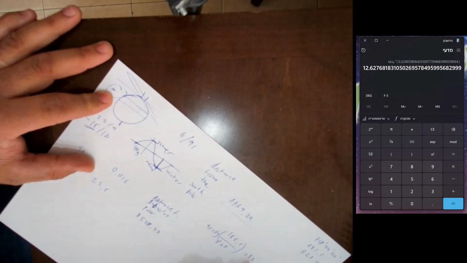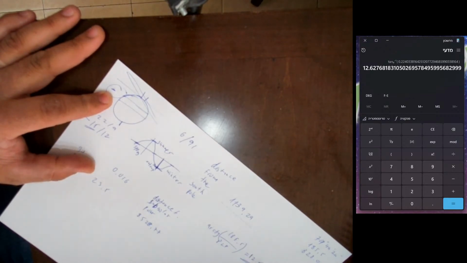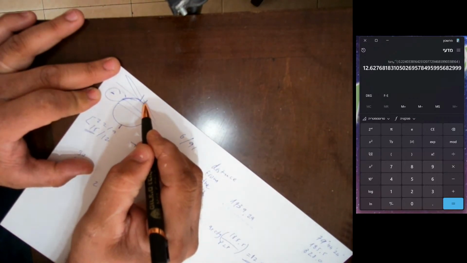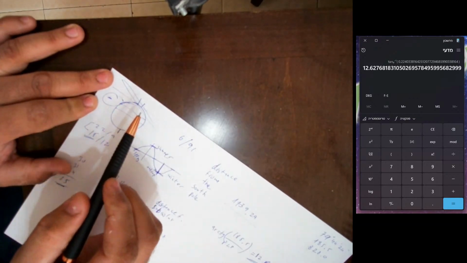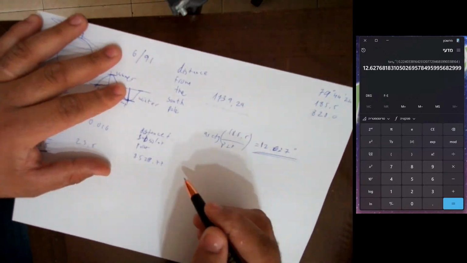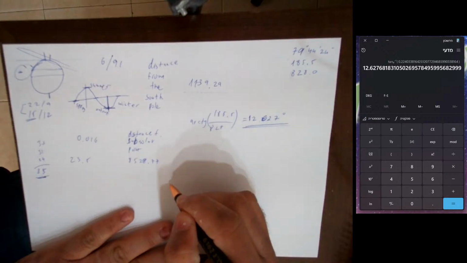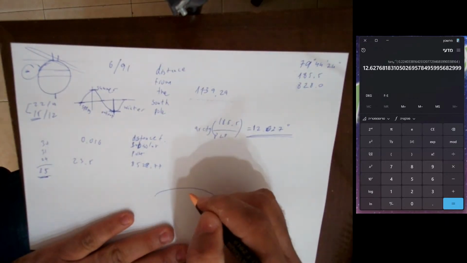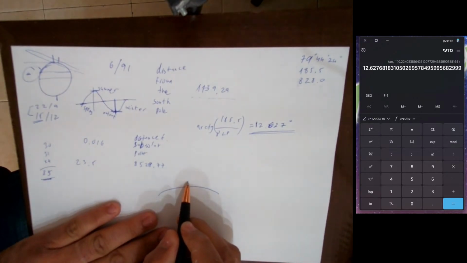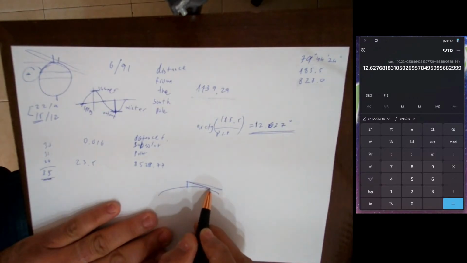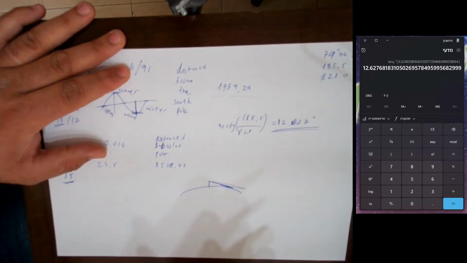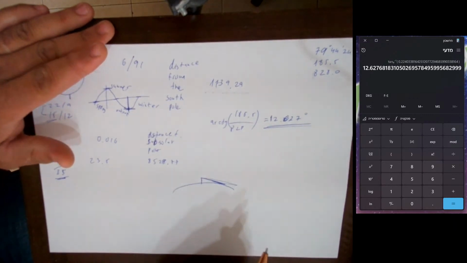Now, we know this is 12 degrees, which means basically we're talking about this angle, okay? The angle of the sun from where they are. I'll make it bigger so you can see. Let's say this is where they put their stick, this is the shadow. It's way out of scale, but it doesn't matter.